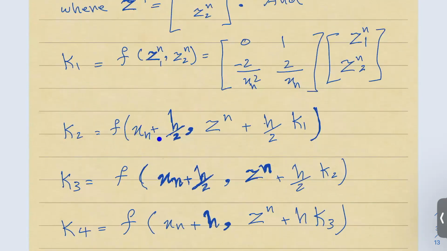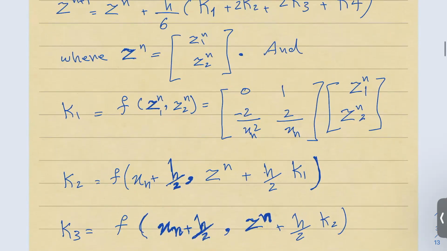F of the first component, the independent variable plus h over 2, it can be t or x, comma, the second input for K2 is this column vector plus h over 2 K1, which is a column vector.